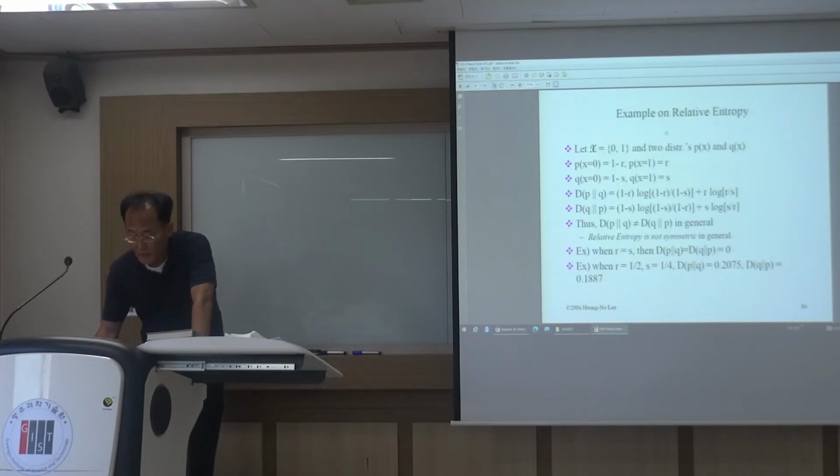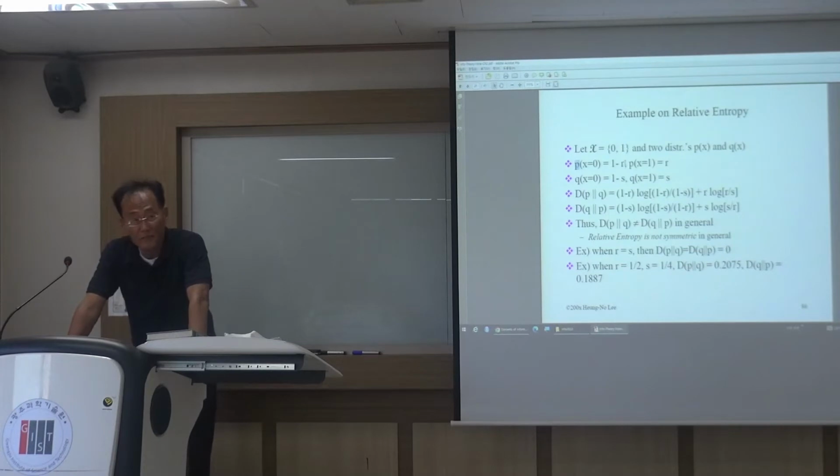All right, and the example calculations on relative entropy. So alphabet is given as 0 and 1, and then you can think of two different distributions, P(x) and Q(x), parameterized by r and s. P is a Bernoulli random variable with the parameter r, and Q is a distribution with a parameter s. So Q(x=0) occurs with probability 1 minus s, and Q(x=1) occurs with the probability s.